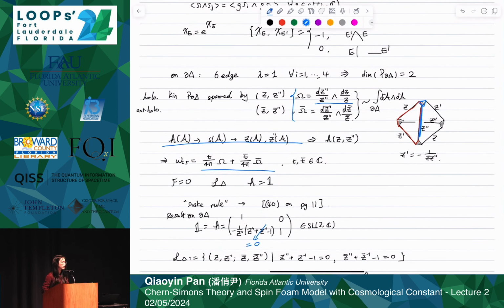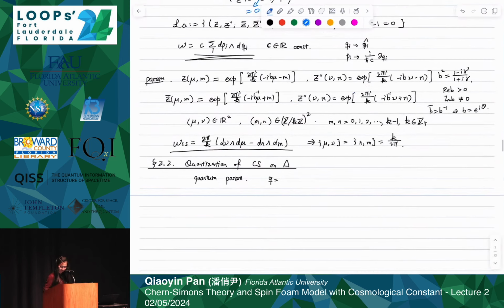I express z and z double prime in terms of mu, m and nu, n, and then I just get the result. So that means m and n are also real numbers, right? No, they're discrete numbers. Or you can think of this d as a jump. But I have dn over k. If I take k large, then it's more like continuous, but it's discrete.